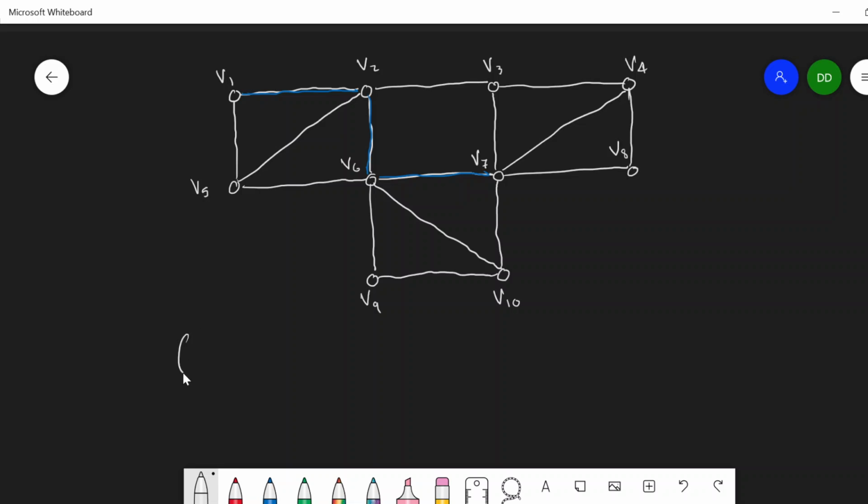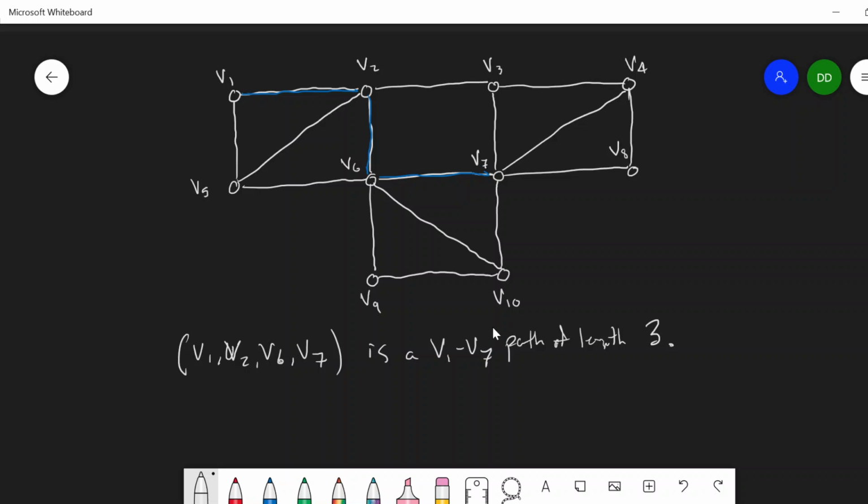Let me write that down. V1 to V2 to V6 to V7 is a V1, V7 path of length 3. And the argument I was just describing: there's no path of length 1 because they're not adjacent. There's no path of length 2 because any neighbor of V1 isn't adjacent to V7.